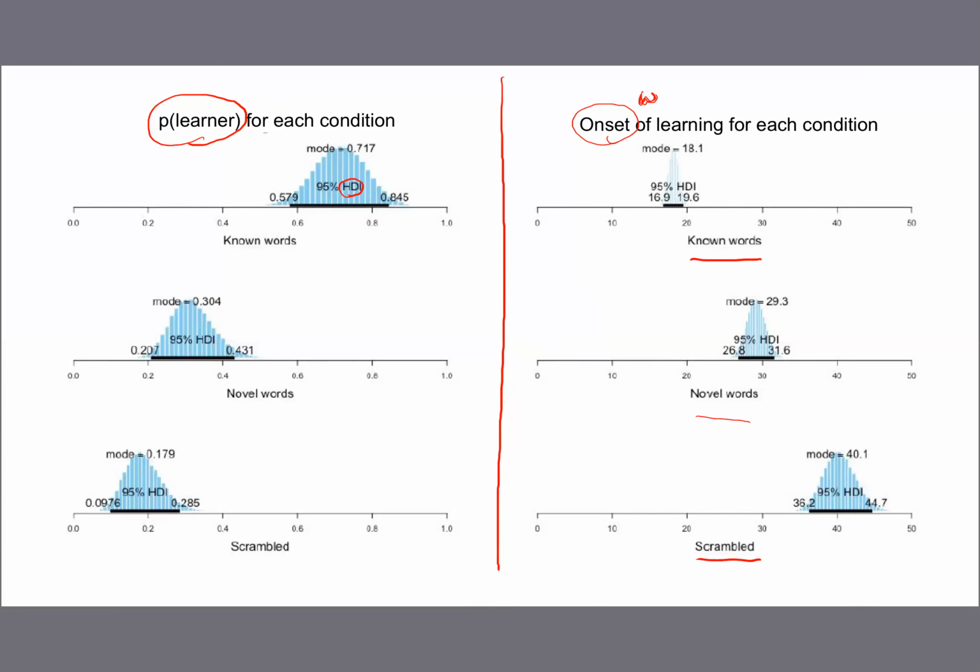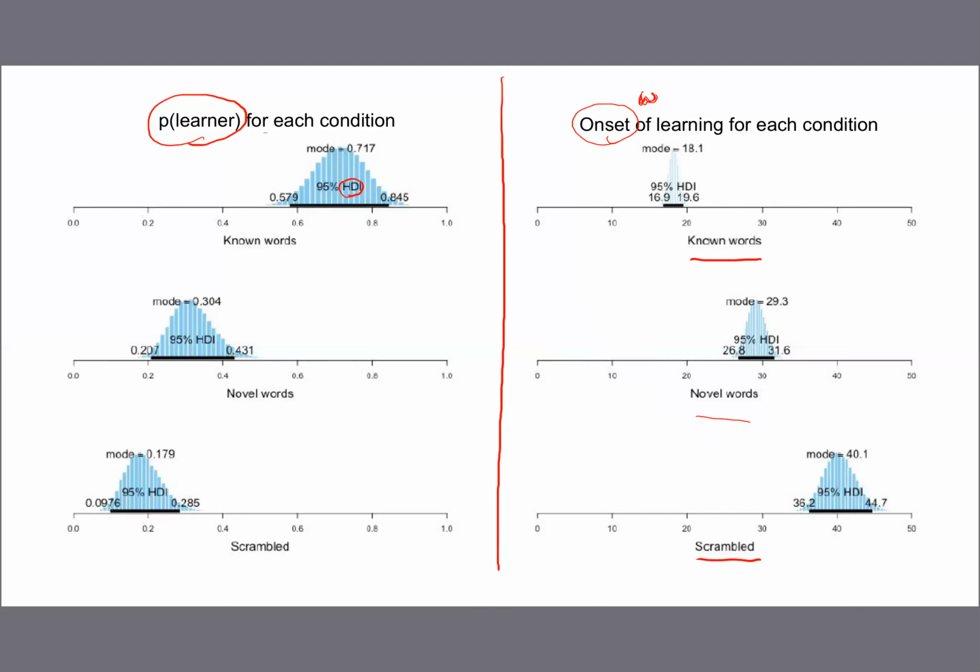Oh, I see what you mean. So suppose there's a fixed number of people in each condition. Looking at the left-hand side, there will be more people classified as learners in the known word condition, just based on the probability. If you have 100 in each condition, then for the known words you have about 70%, roughly the mean, the mode there. For the novel words, it's only 30%, and for the scrambled words, it's even less than 20%.